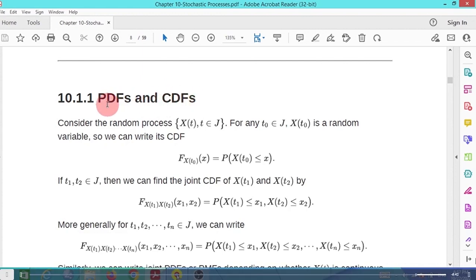For the meaning of probability density function and cumulative distribution function in general for a random variable, go into chapter 4 and study these topics.